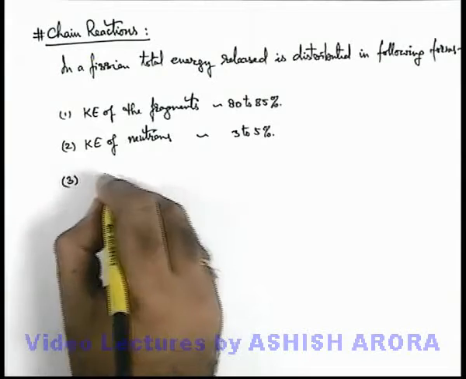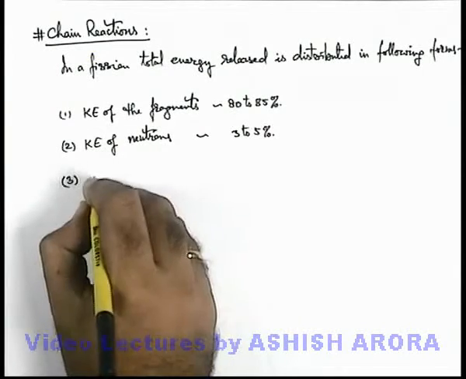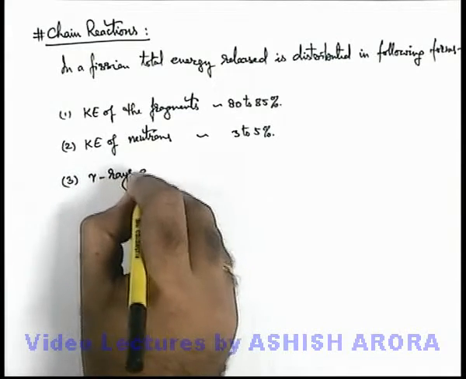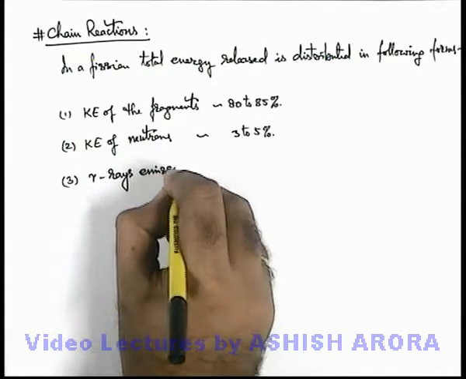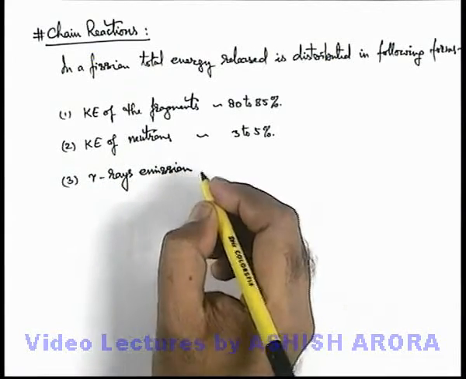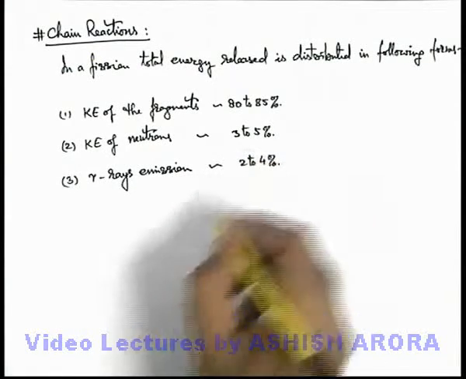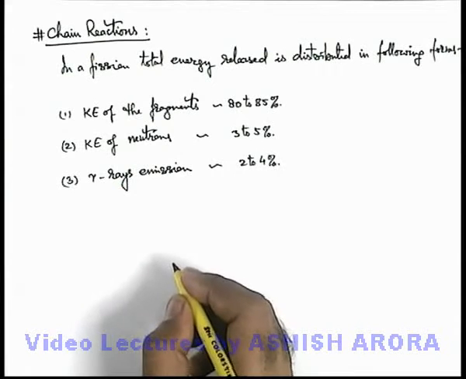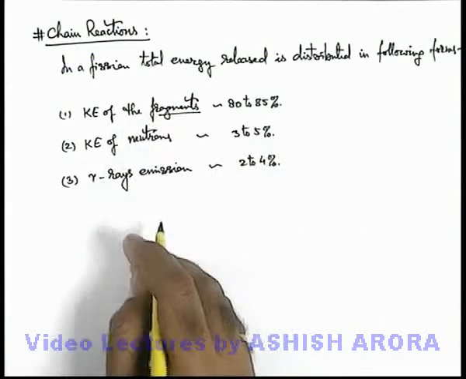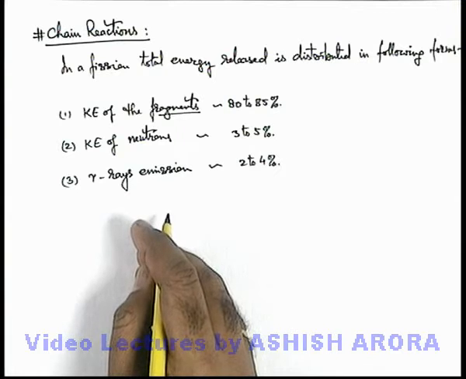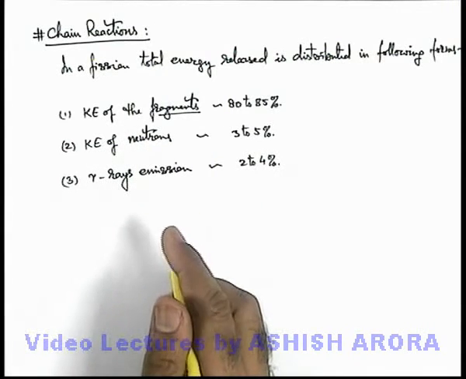The third one is, in a reaction we have not right now studied, but in parallel there is gamma ray emission also from the excited nuclei, which contain approximately 2 to 4% of the released energy. And the excited fragments: when the fragments are produced after disintegration at such a high kinetic energy, these fragments are also in excited form.